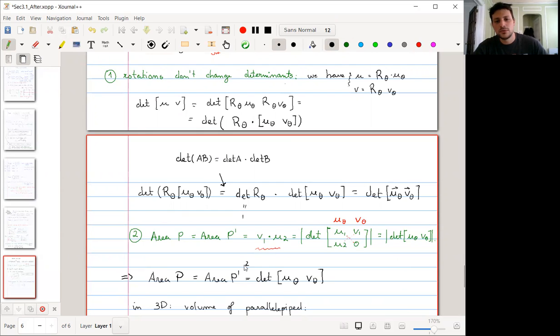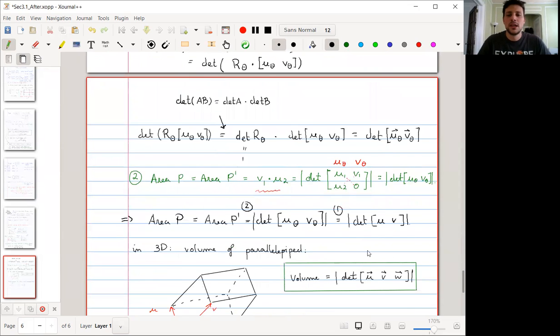This is step 2. And by step 1, that's the same as the determinant of our matrix u v. And of course, I should put absolute values here. It's important not to forget them because determinants may be negative. So we want to make sure that we look at positive quantities.